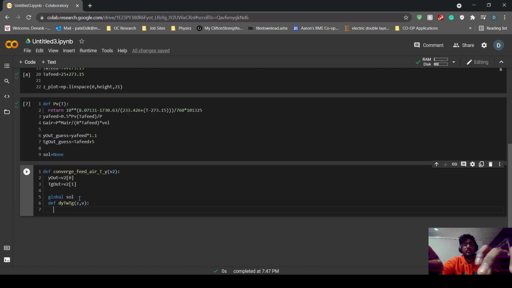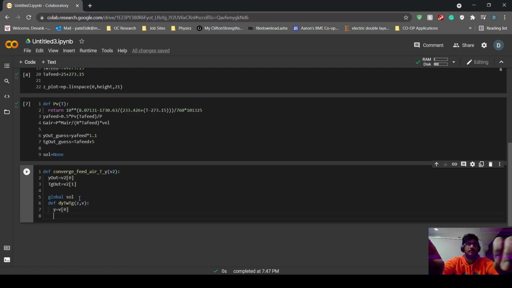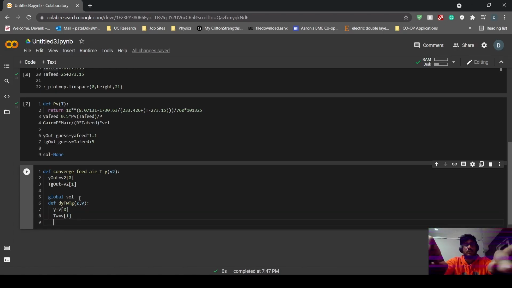So we're going to go ahead and say y equals v0, the first number in the array, tw equals v1, and tg equals v2.